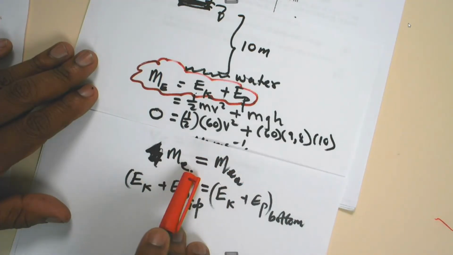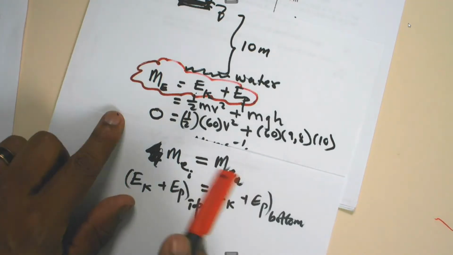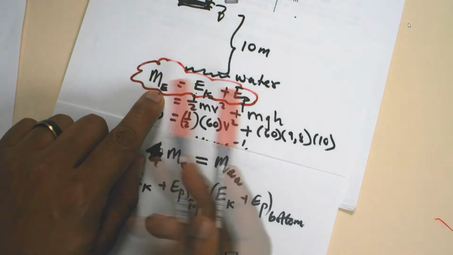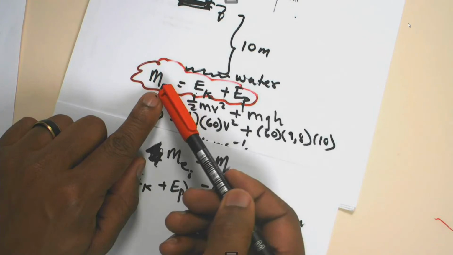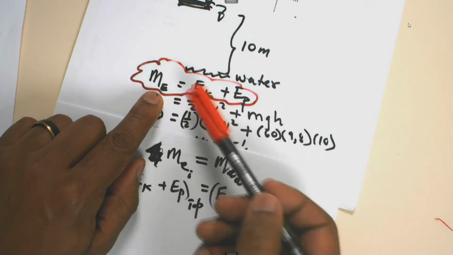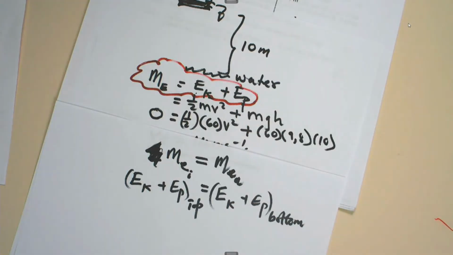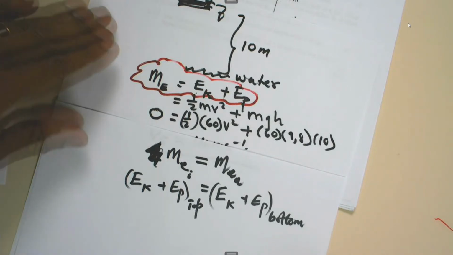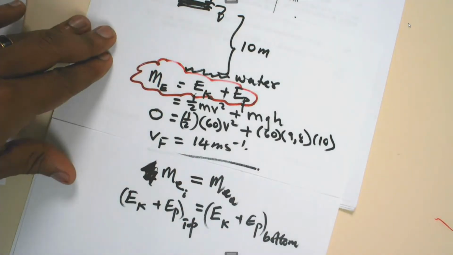The mechanical energy before should be equal to the mechanical energy after. So what does this say here? It doesn't necessarily say it is the principle. It just says the mechanical energy is equal to EK plus EP. It's not saying that. Hence, somehow you'll get the correct answer.